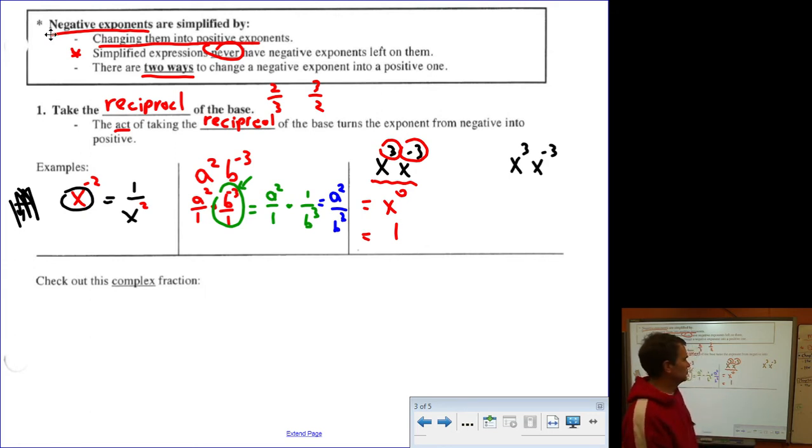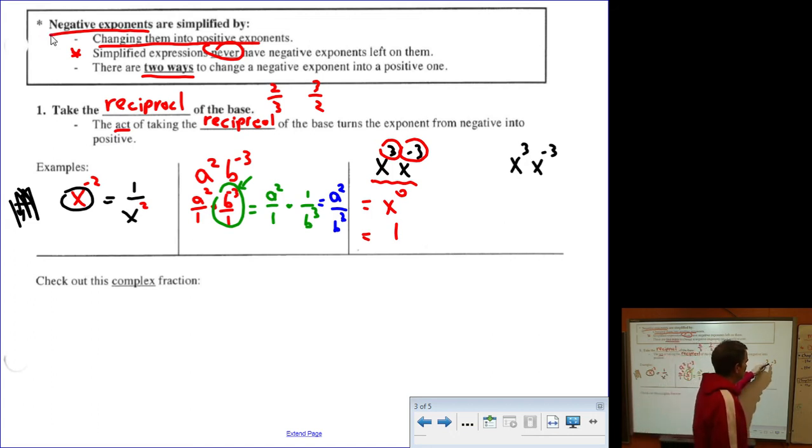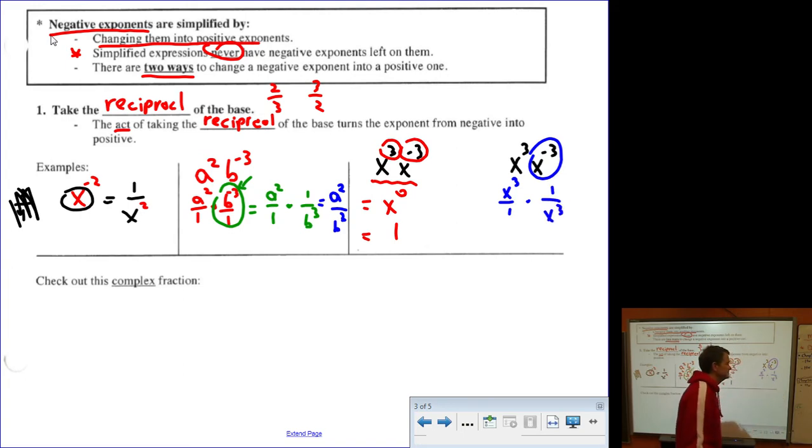Let's see if it equals 1 when I use reciprocals. So over here, I would want to take the reciprocal of this, and I would get x to the third over 1 times 1 over x to the third. Right? So I took the reciprocal of x, and that turned the exponent positive.